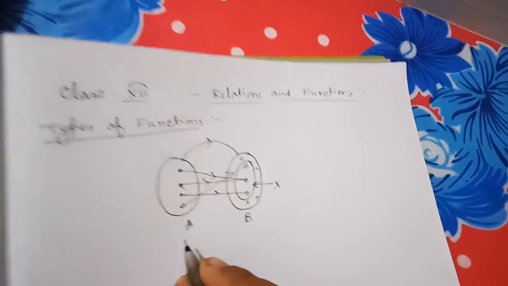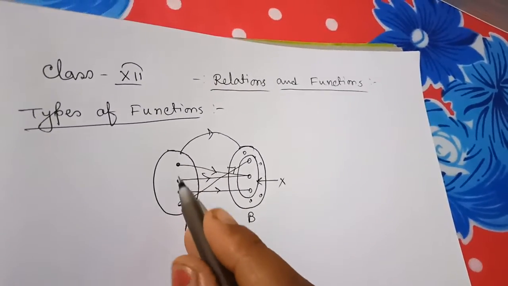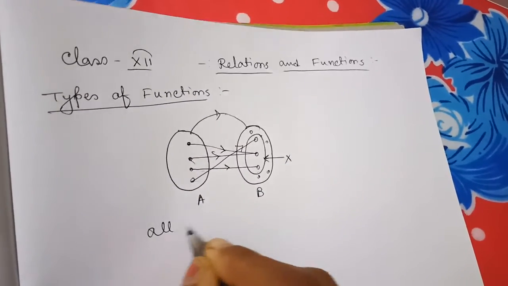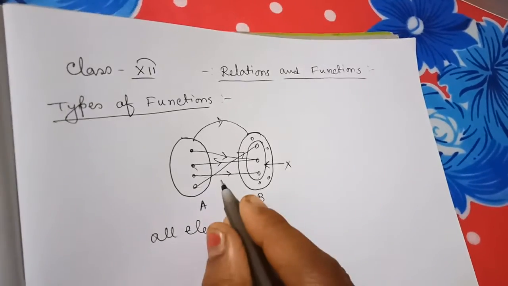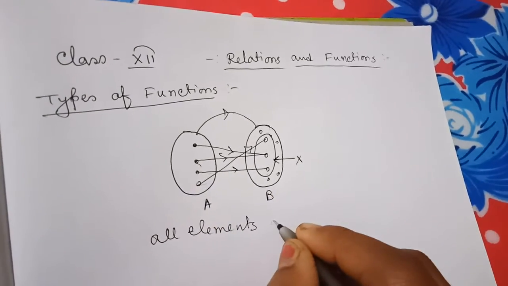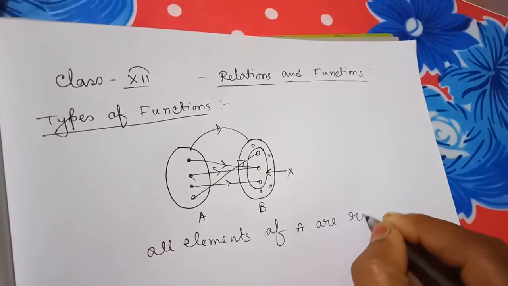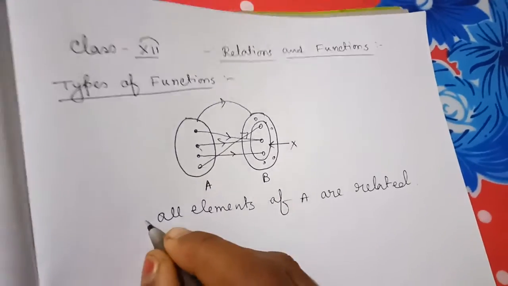Okay, you can see that all elements of A, all elements, they all are being operated or being functioned. All elements of A are related. This is number one.